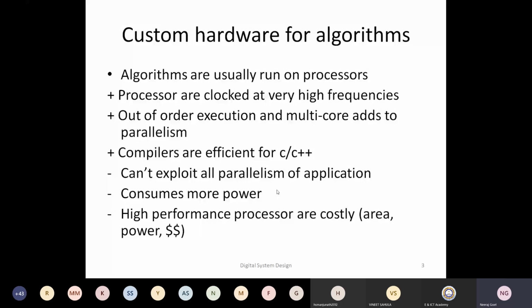So for example, you see that all the Intel processors, i5, i7, i9 based processors, consume more than 50 watts. Okay, they'll deliver performance, but at the cost of high power as well as high cost.